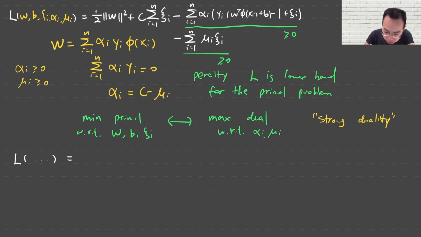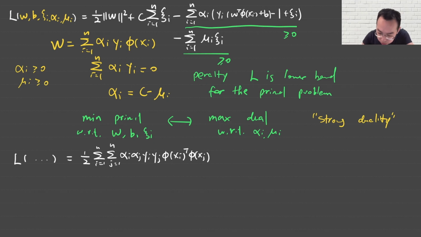That's going to give us a half, sum of alpha I, alpha j, y i, y j, phi x i transpose phi x j. That's the first term. Then the second term, we have C times summation chi I. That doesn't change. I just leave it for now.